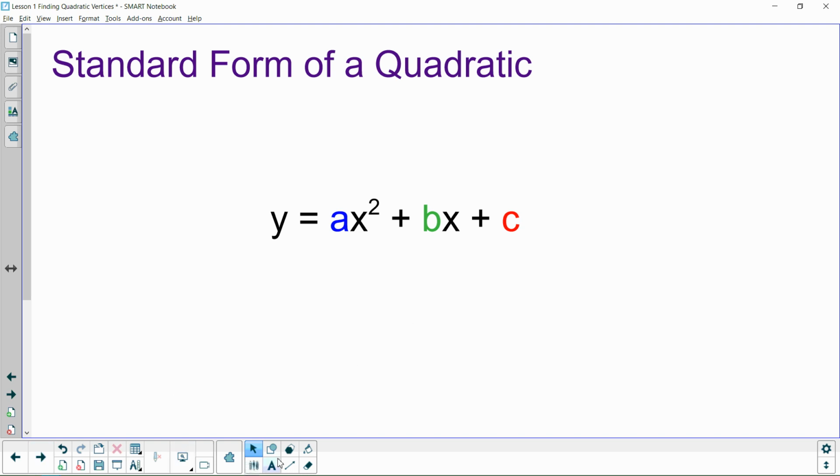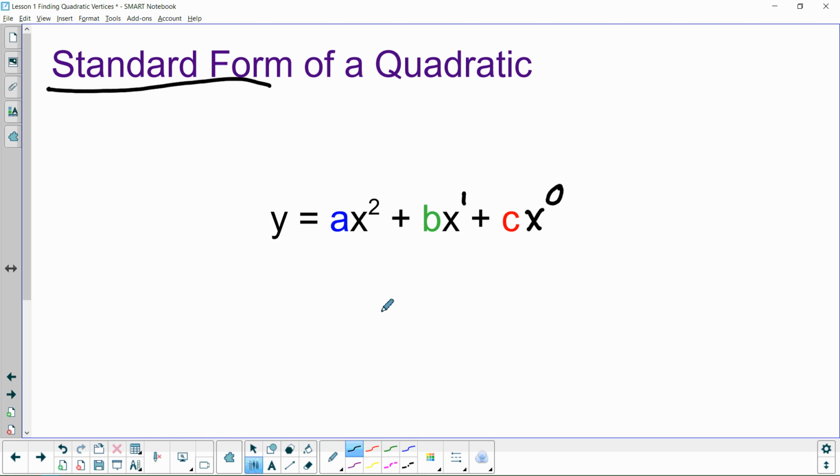For standard form of a quadratic, it's written as y equals some kind of coefficient, x squared, plus some kind of coefficient, x, then a number by itself. And you can kind of think of the number by itself as x to the power of 0, since this x here has an invisible 1. So when we have it in standard form, obviously descending order for exponents.